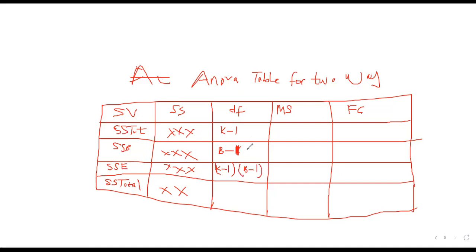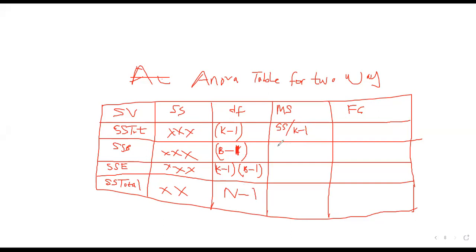B minus 1, k minus 1, where k is the number of treatments, and b is the number of blocks. All right, so this other one is n minus 1. So mean square is a division of SS, then we divide by k minus 1.